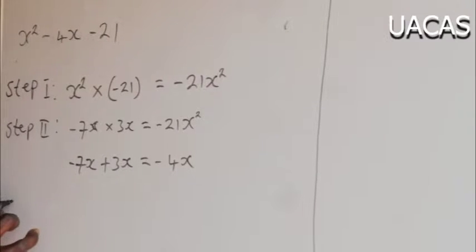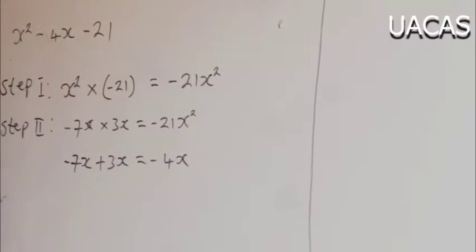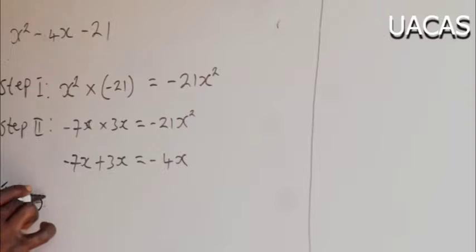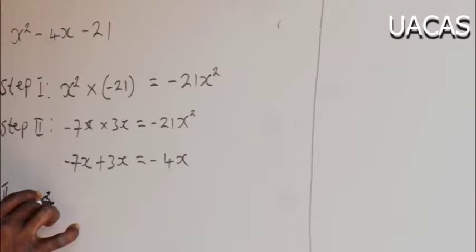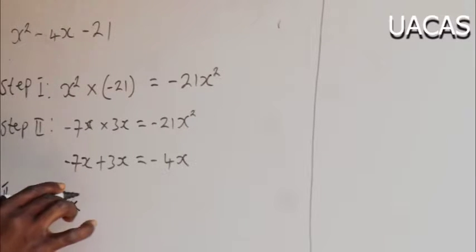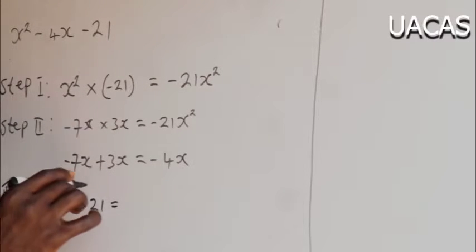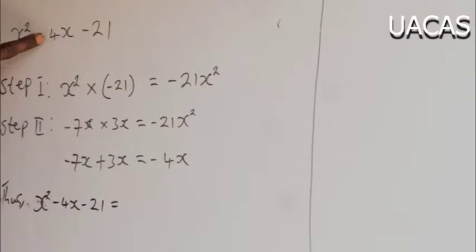So what to do? We have x squared minus 4x minus 21. This is the same thing as what? I'll replace the middle term.